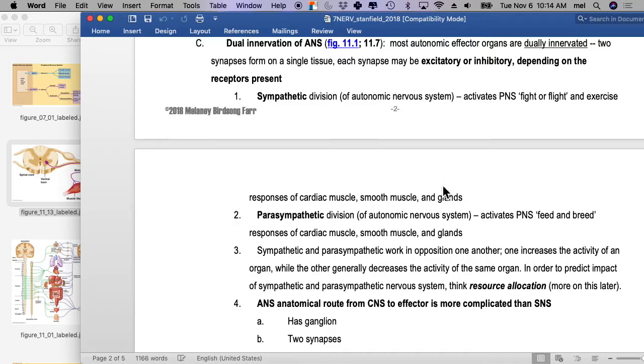But here's a really common misconception that I would like for us all to get rid of today so that we have a better understanding of physiology. A lot of people are in the habit of thinking that the sympathetic nervous system is going to excite all of your tissues, and the parasympathetic is going to inhibit all of your tissues, all of the effector organs.